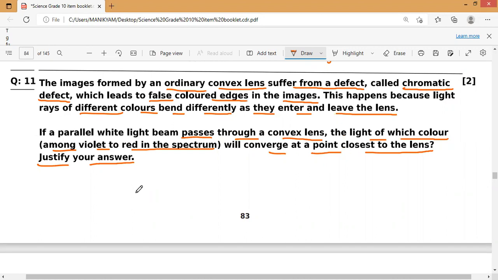What is the lens they are saying? Convex lens. We all know that a convex lens is a converging lens.